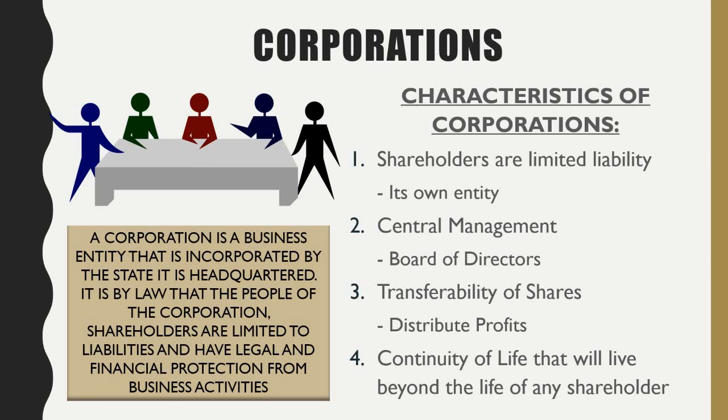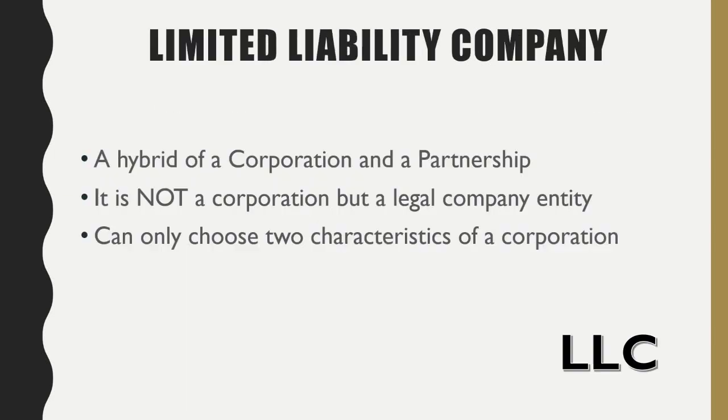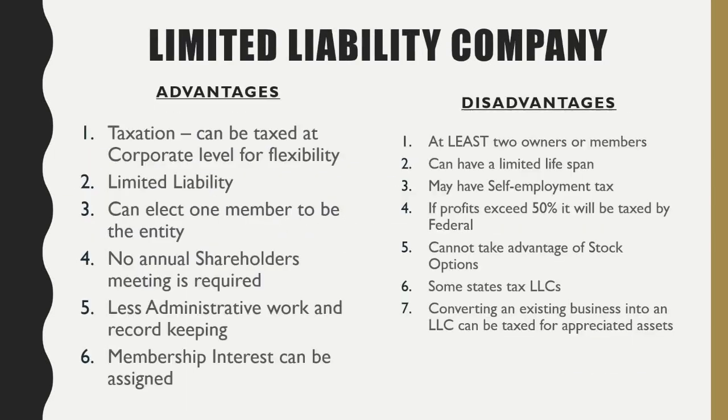They need to have a central government, or they need to have some kind of transferability of funds or shares, right? So either they have shares and a central government, right? And that's pretty much it. They need to have at least two of these characteristics in order to become a limited liability company.